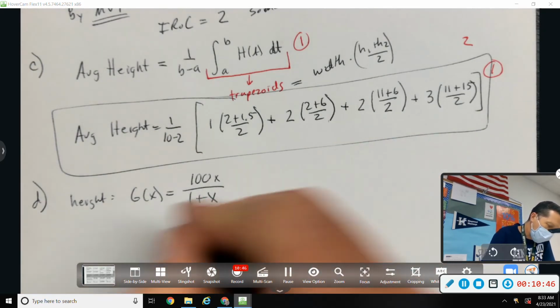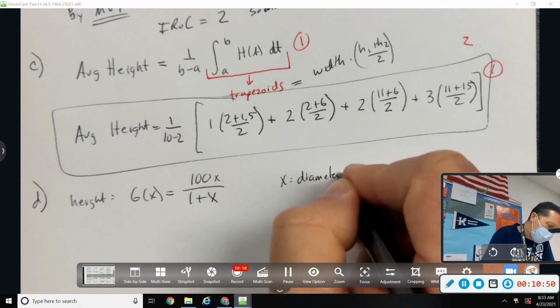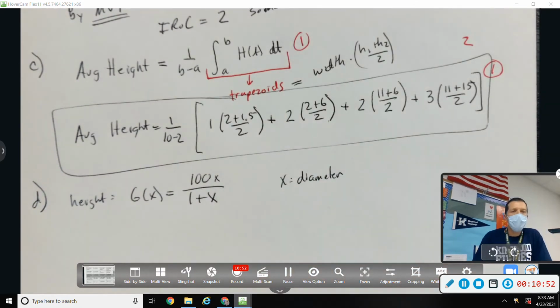Okay, so the height is g, but x is the diameter. So this is height not as a function of time, like we were just looking at, but height as a function of diameter.